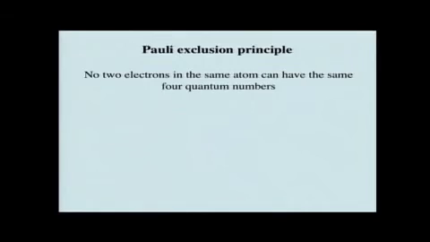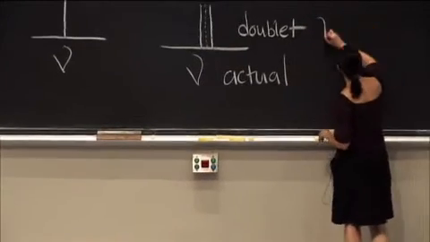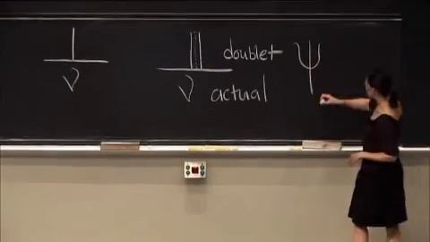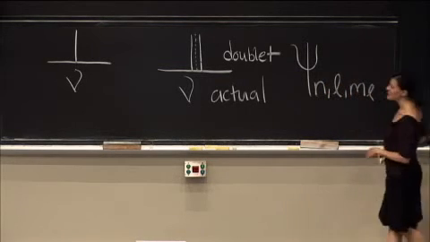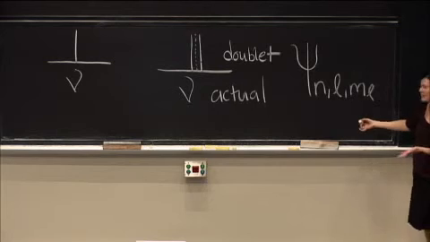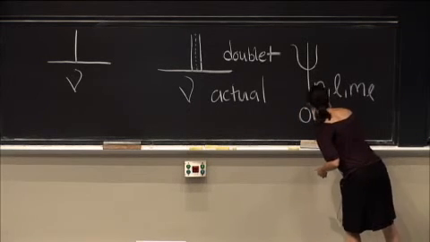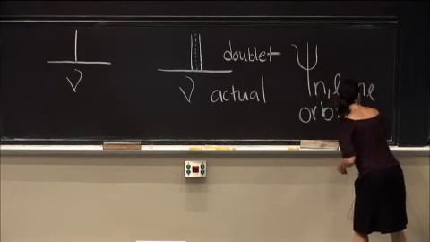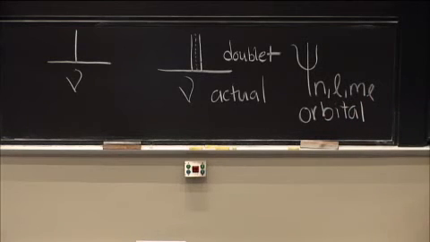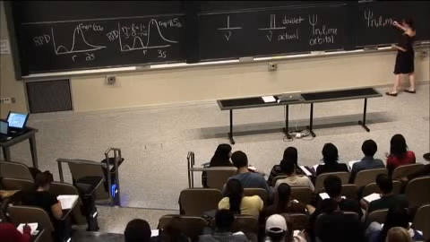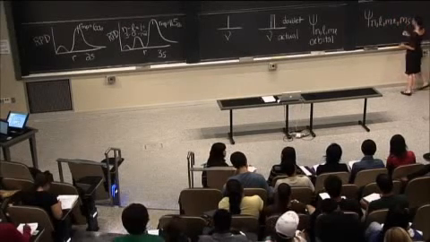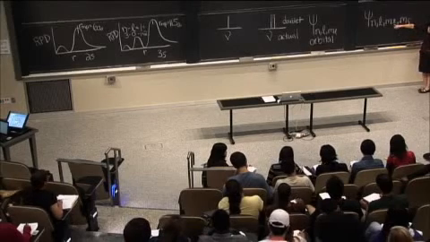So let's just think exactly what this means. It means that if we take a wave function and we define it in terms of n, l, and m sub l, what we're defining here is the complete description of an orbital. In contrast, if we're taking the wave function and describing it in terms of n, l, m sub l, and now also the spin, what are we describing here?